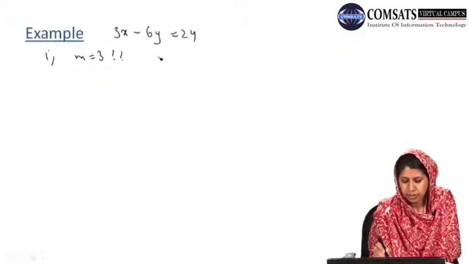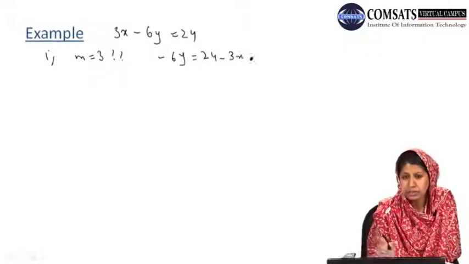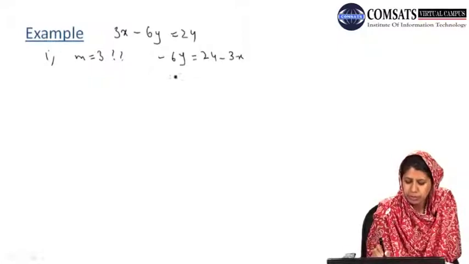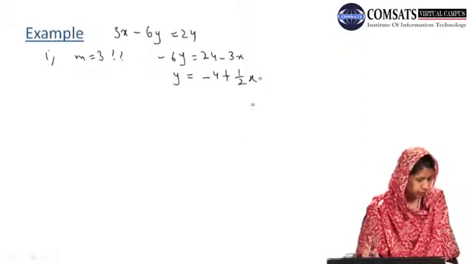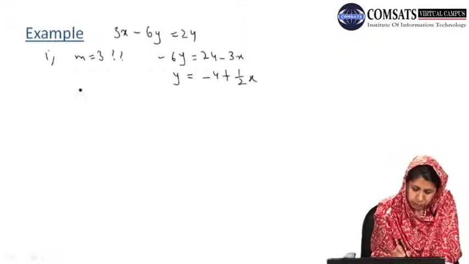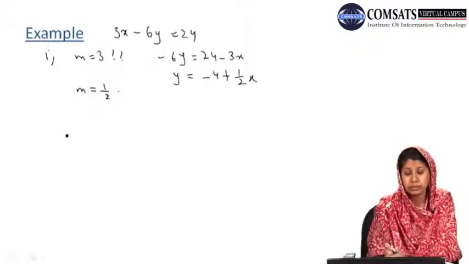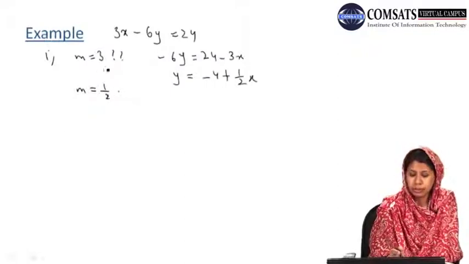We simplify it. Minus 6y is equal to 24 minus 3x. Dividing the equation by minus 6, we get y is equal to minus 4 plus 1 by 2 x. So the line has slope m equal to 1 by 2, positive slope, and not the slope 3.